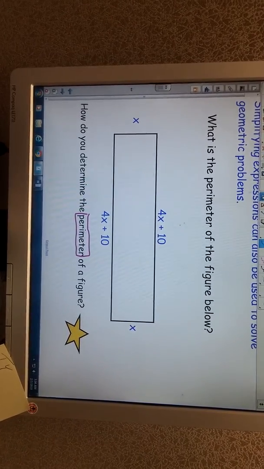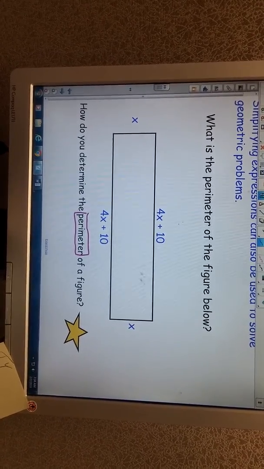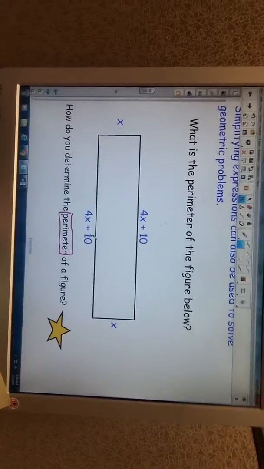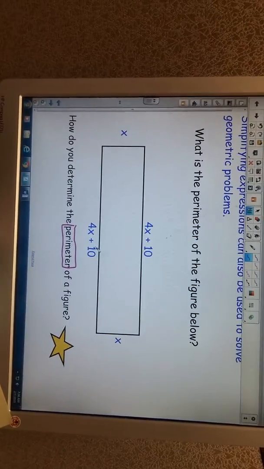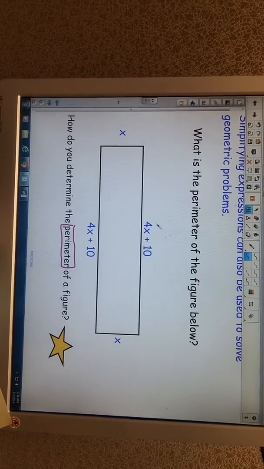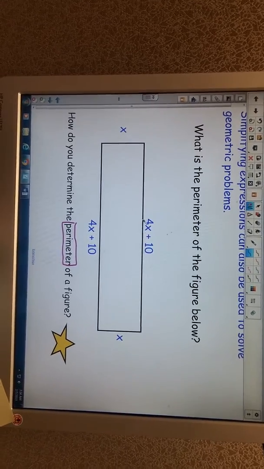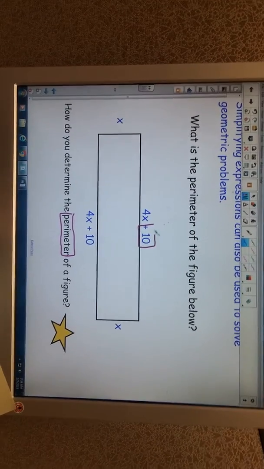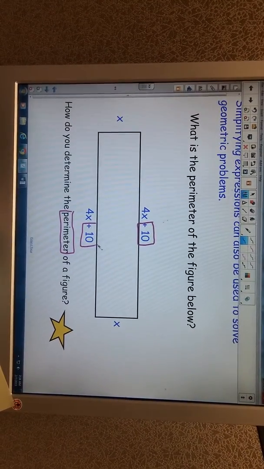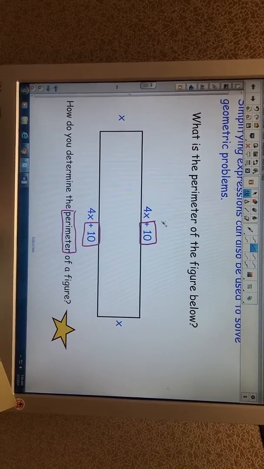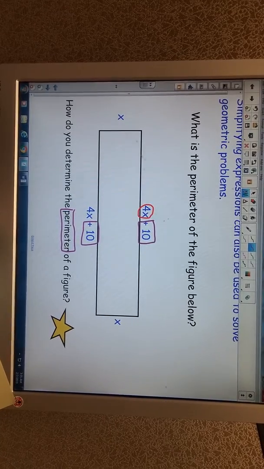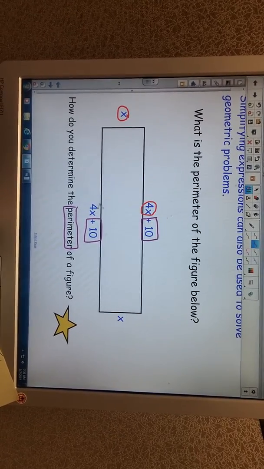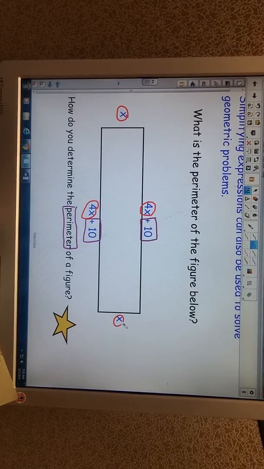So I know that if these were regular numbers like a 5, a 5, a 10, and a 10, I'd add them all up. Well, nothing changes if you have terms. You still can put the like terms together to add them up. So in this problem, you have two constants, positive 10 and positive 10. And then you have a bunch of like terms, 4x, x, 4x, and x.